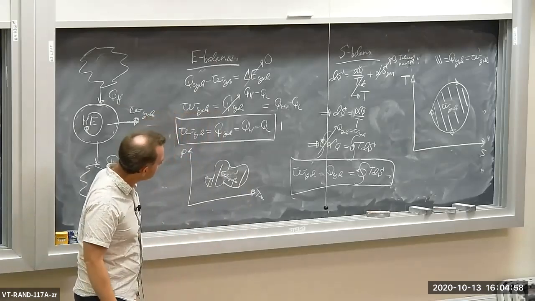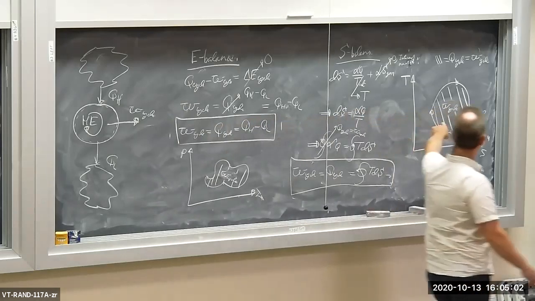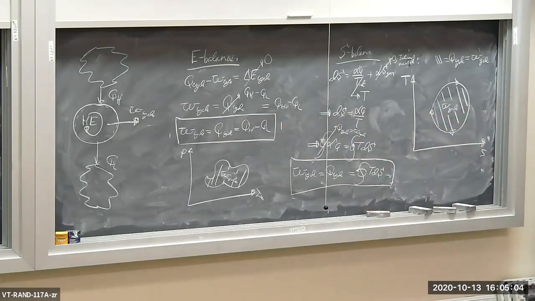So we have similar interpretations of the area bound by the PV curve and the TS curve for our cycle analysis assumptions. The area bound by the TS curve is the work over the cycle, or the net heat transfer or cycle heat transfer, Q high minus Q low. Okay?